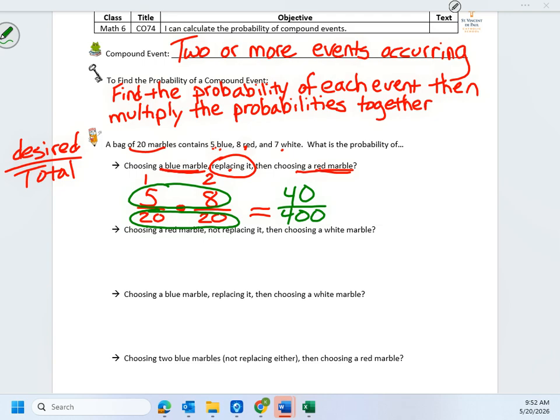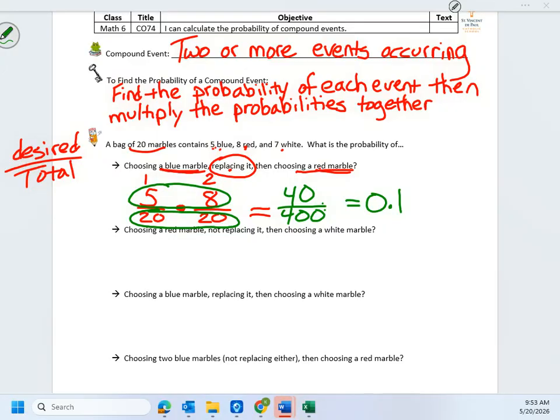Now, we finish it off like we did when it was just a single probability. Now we look at that and we say, okay, 40 divided by 400 is what decimal? Matt? 0.1. So, what percent is that?